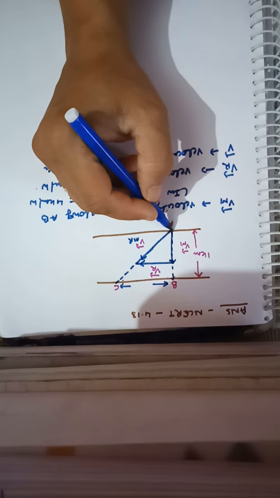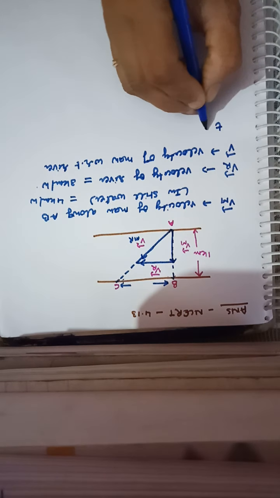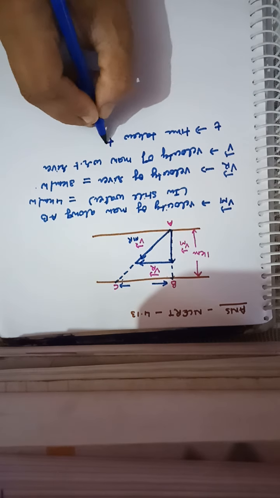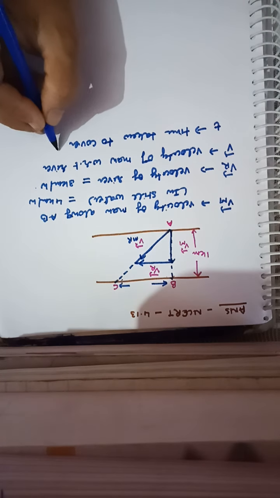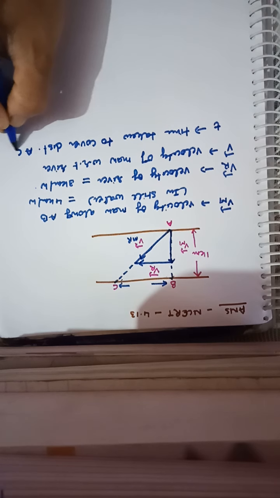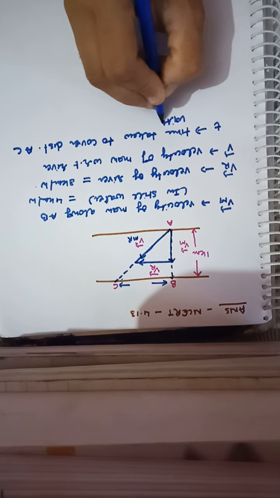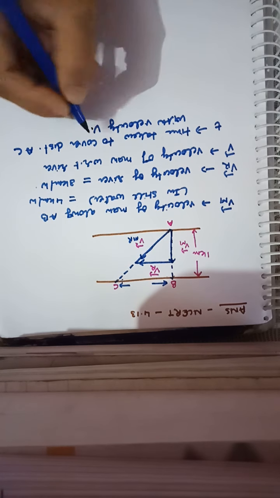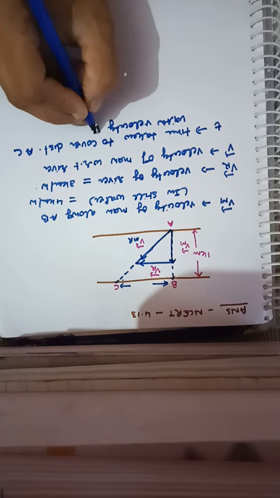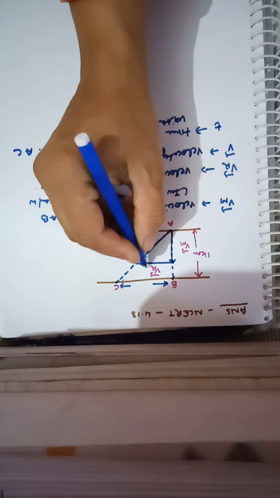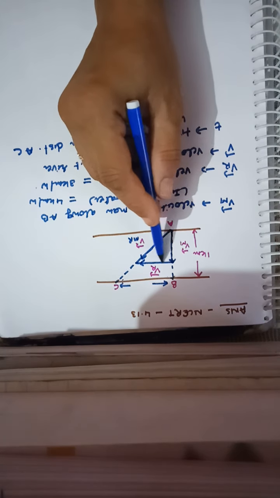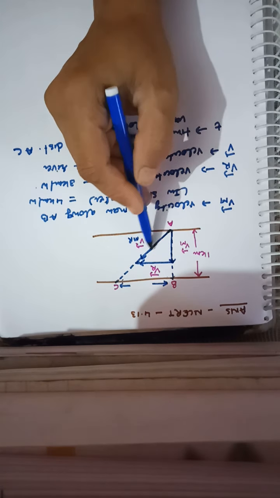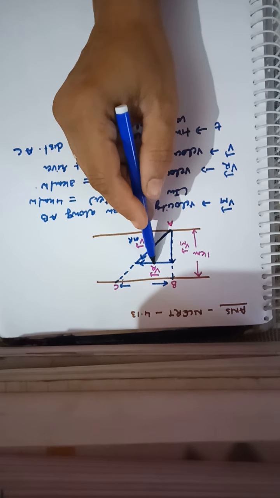The man takes a time, suppose t is the time taken to cover distance AC with velocity v vector, you can say this is the v vector, the resultant velocity of these two. This is one velocity and this is another velocity. So what is the resultant? According to the triangle law of vector addition, this is the resultant velocity of these two.